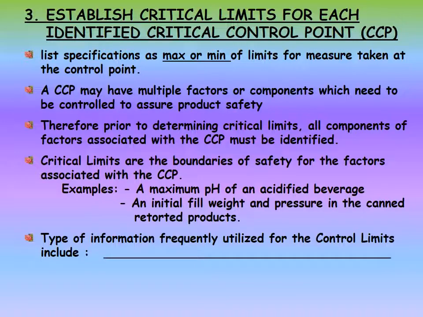Okay class, we go to the next one, which is establish a critical limit for each identified CCP. List the aspect as a maximum or minimum limit for a measure taken at the control point.